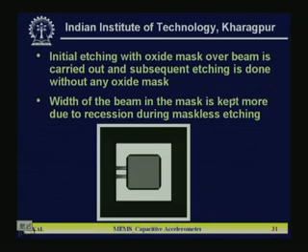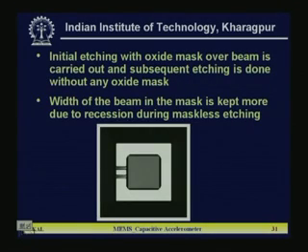Now, this is the thing. Initial etching with an oxide mask over the beam is carried out, and subsequent etching is done without any oxide mask. So for the first few minutes the etching is done with the oxide mask, and after that if you remove the oxide, the rest is the maskless etching. Maskless etching works because of the crystallographic axes, 100 or 311 and 110, which differ in etch rate. That will automatically give you a similar kind of structure.